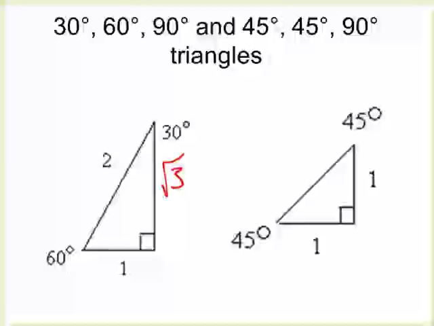Now, it's not always 1, 2, and square root of 3, but it always follows this pattern, that the hypotenuse is doubled, and the longer leg is times the square root of 3. So, if, for example, the shorter leg was 6, how long would the hypotenuse be? 12. It's going to be double it, and the longer leg would be 6 times the square root of 3. It's not pretty, and we just leave it that way.